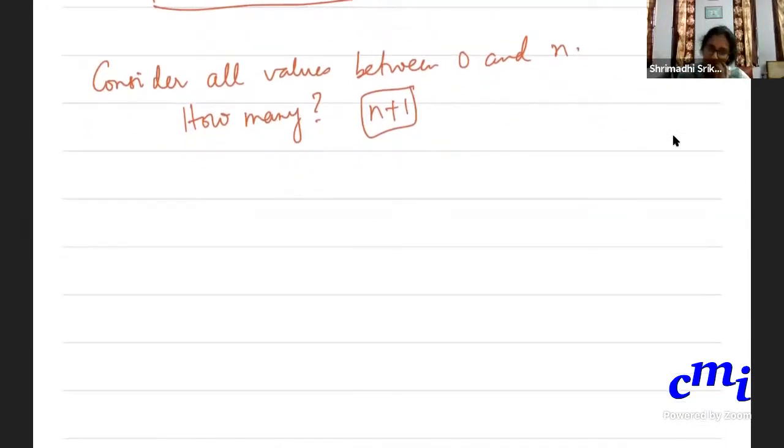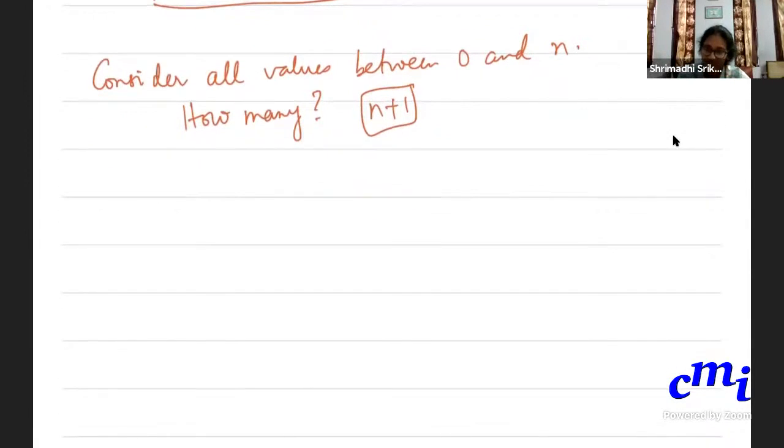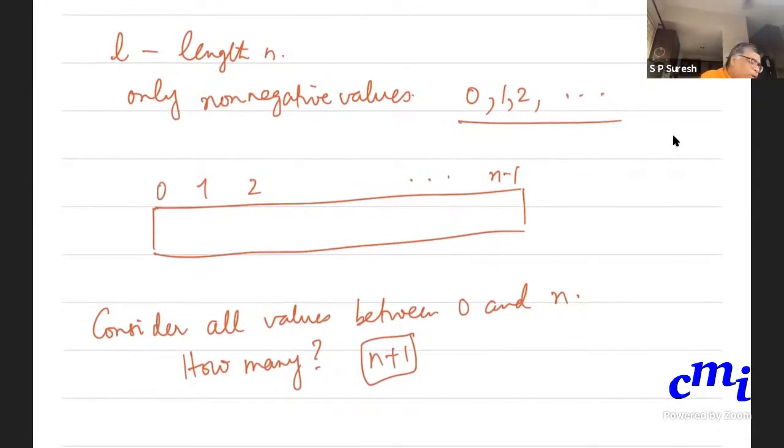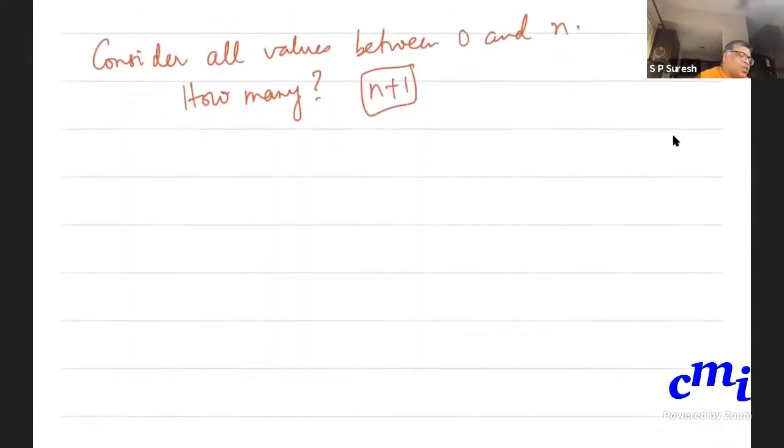No, but sir, aren't you looking from 0? Like when between 0 and n, there are n plus 1. Between 0 and n minus 1, those are the indices. Those are the positions in your list. There are n positions in your list. Right? So between values 0 and n, at least one of them will not appear in the list. Is that clear?